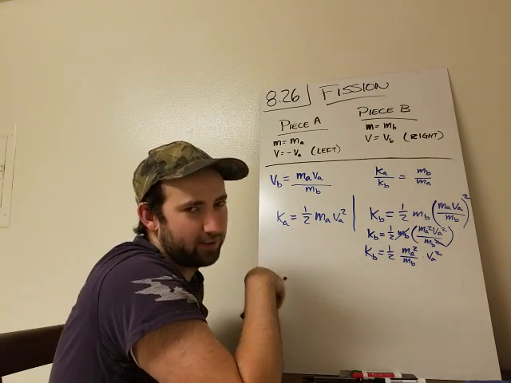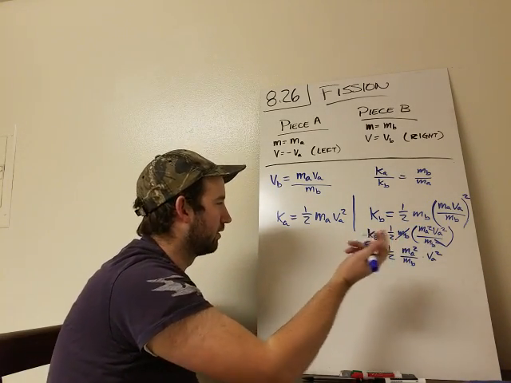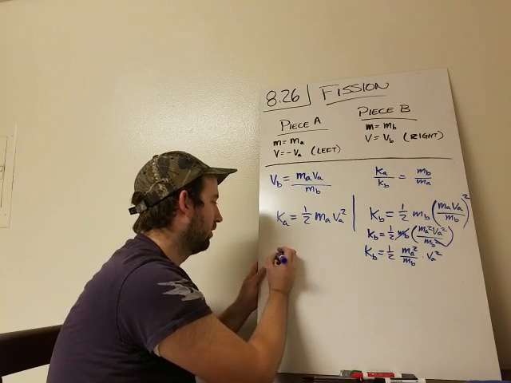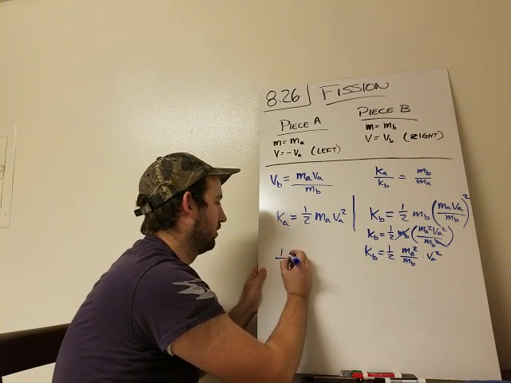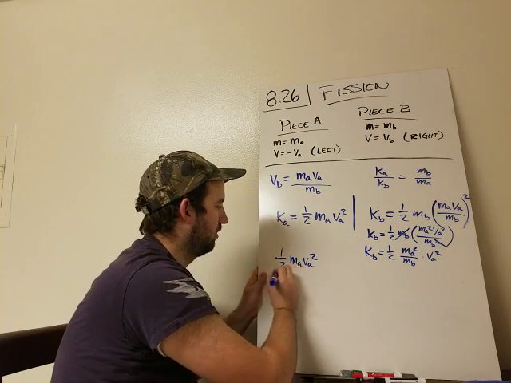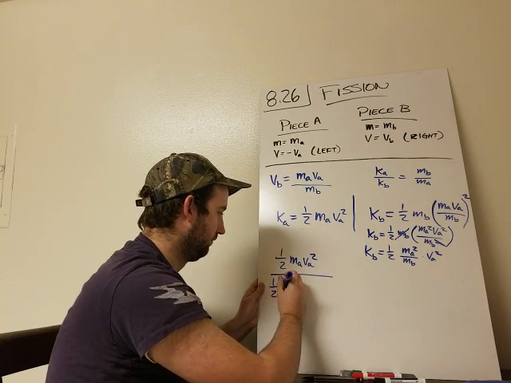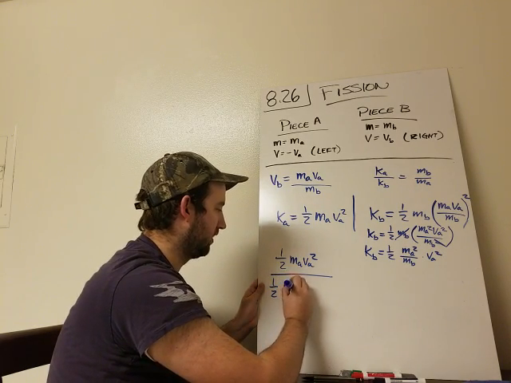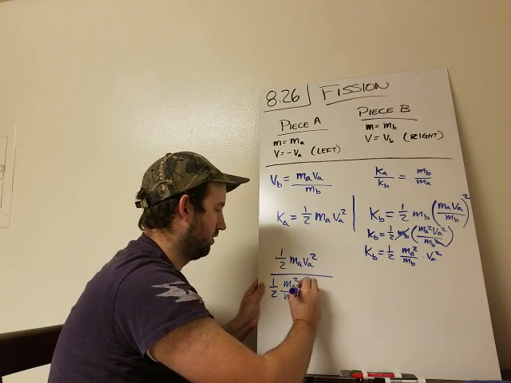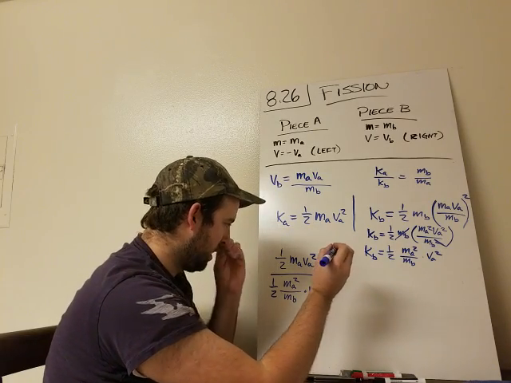Now let's go back to what I did before. Like I said, it was just easier to do in here. But we're looking for K sub A over K sub B. So we get 1/2 m A v sub A squared all over 1/2 m sub A squared m B times v sub A squared.